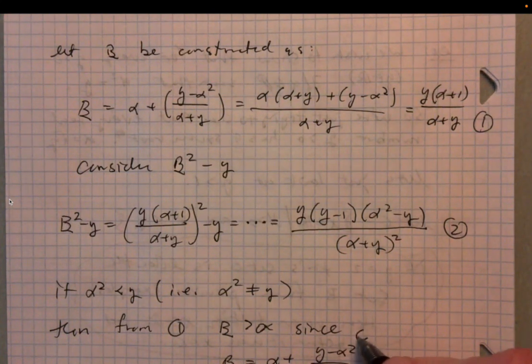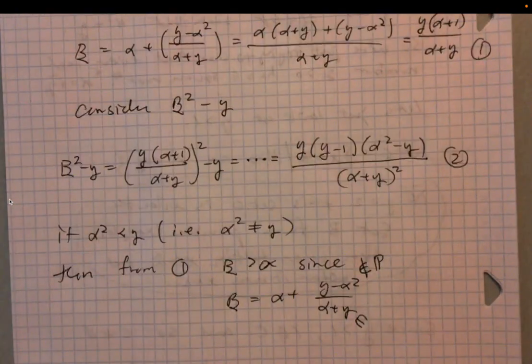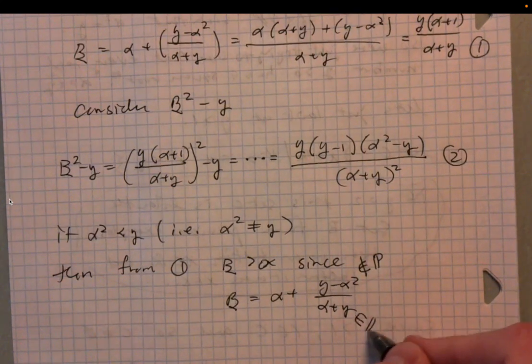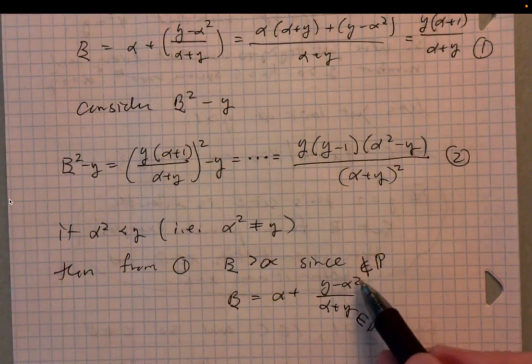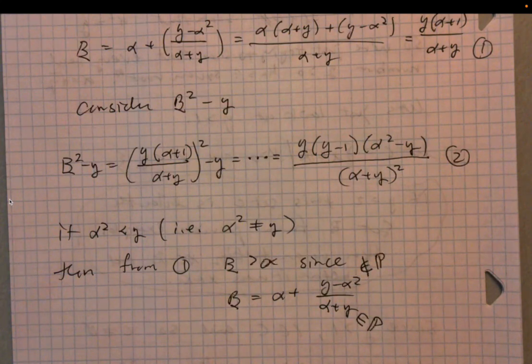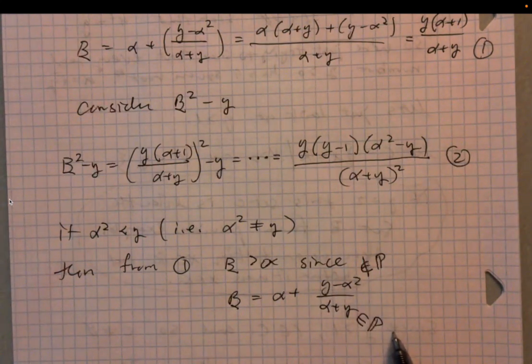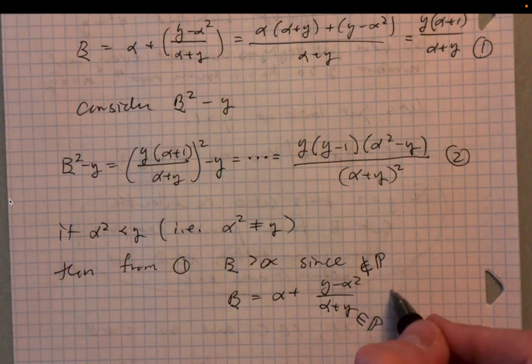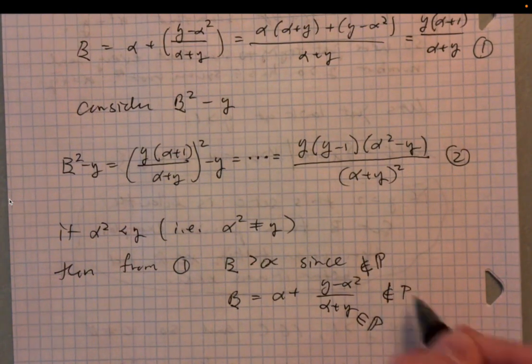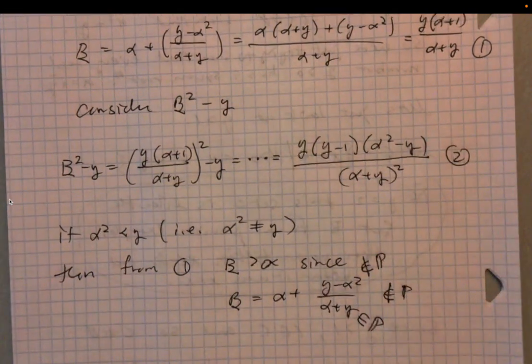This thing on the top is not positive, and this thing on the bottom is positive. Double check that you can see why that's the case. This top value is not in P, the bottom value is in P, and so the whole thing is not in P. So that means beta is greater than alpha.